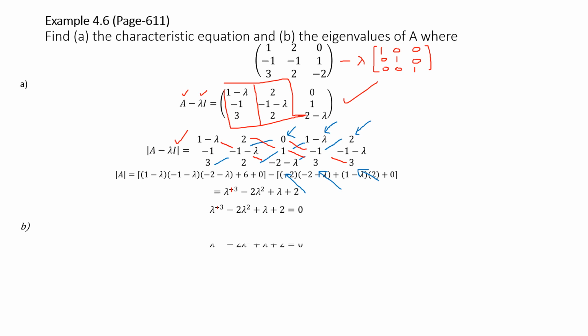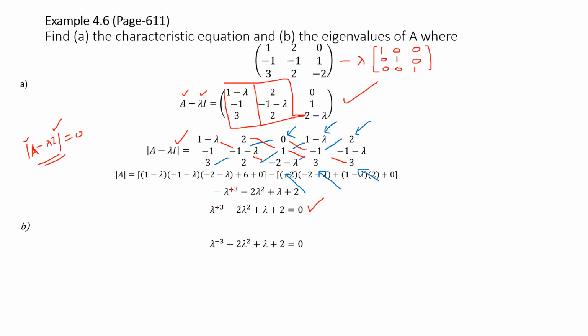So part B is the solution. I told you that before: A minus lambda I. Perhaps I should remember that I did not write the determinant, so don't forget the determinant. When you take the determinant, this is the characteristic equation.